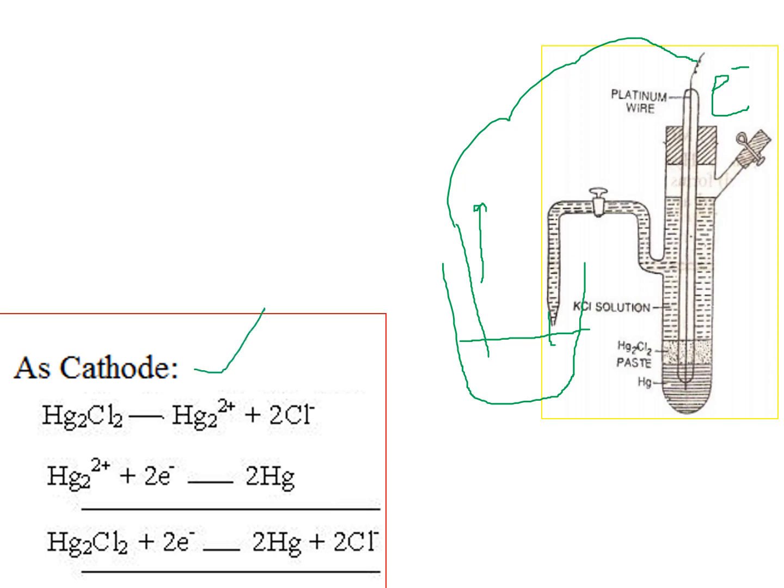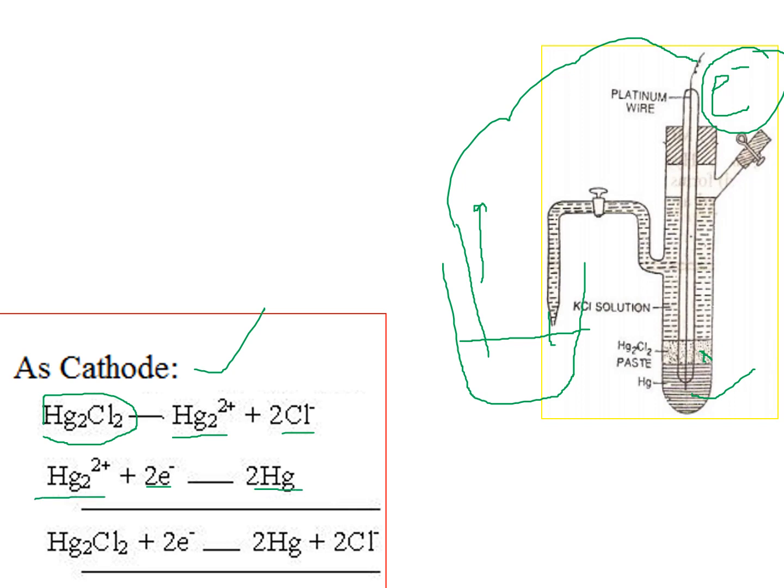Now mercurous chloride takes responsibility. Whenever it is acting as anode, mercury is taking responsibility. Whenever it is acting as cathode, mercurous chloride is there. This mercurous chloride first ionizes into Hg2 2+ and 2Cl minus. Now the electrons from the anode are consumed by the Hg2 2+ and finally converted into 2Hg.